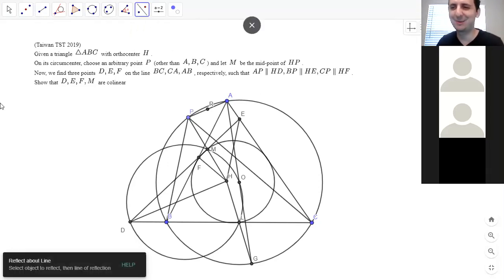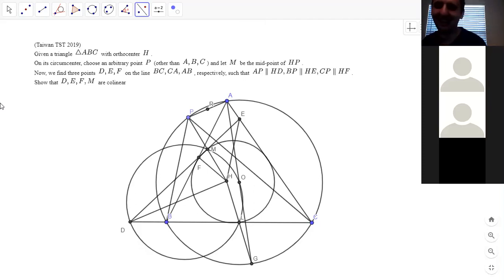Oh yeah, if they gave GeoGebra an IMO, that would be so fun. I'm kind of glad I'm done with competitions, because now I can just do GeoGebra. A lot of parallel lines here.